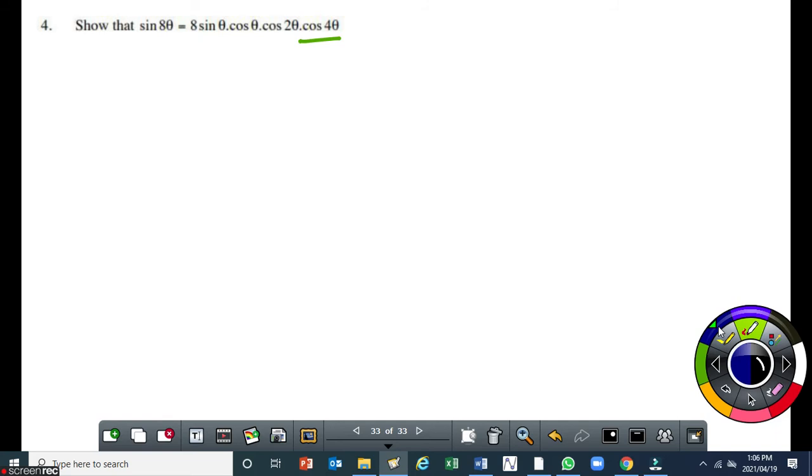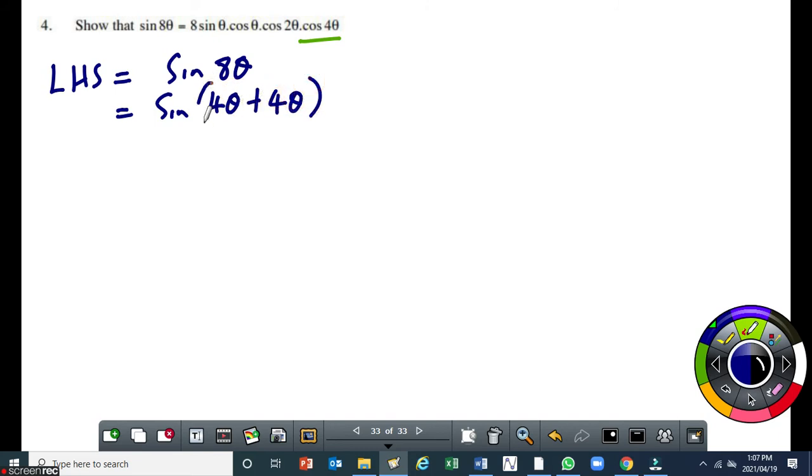Okay? So here I'll say the left hand side is equal to sine 8 theta. The 8 theta I can write using compound angles, so I'll say sine of 4 theta plus 4 theta.